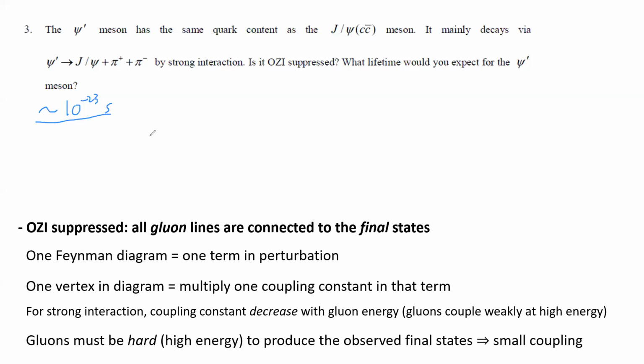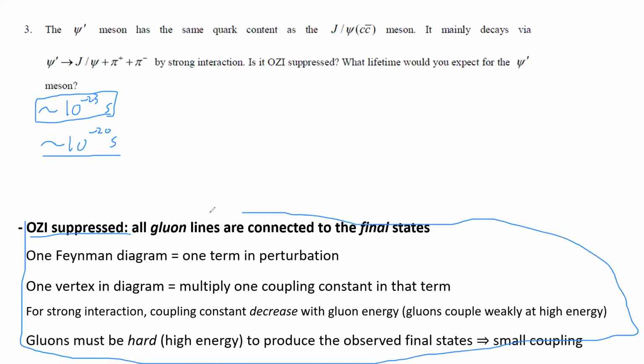But for some strong processes, the experimental result says that they are just 10 to the minus 20 seconds, several orders longer than the normal time scale. And the reason is the OZI suppression, which is explained in this last sentence.